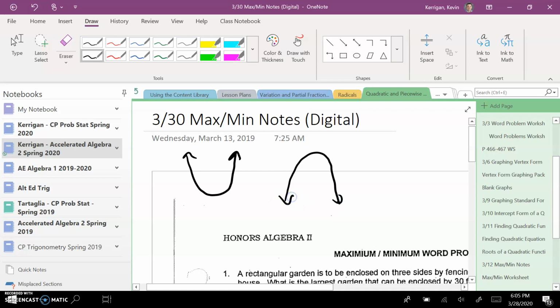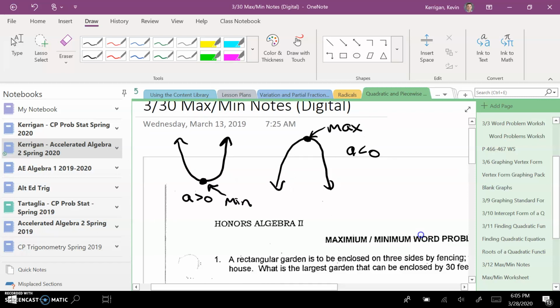If it opens up, a has got to be greater than 0. And if it opens downward, a has got to be less than 0. If it's a parabola that opens upward, the vertex is a minimum value of the graph. And the vertex, if it opens downward, is a maximum value of the graph.